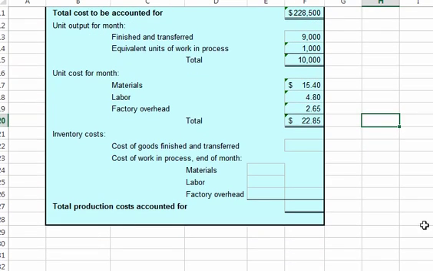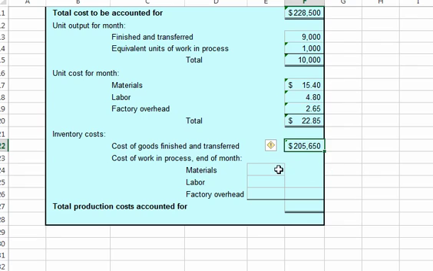Okay, cost of goods finished and transferred. Well, the goods finished and transferred were 9,000 times our cost each, $22.85, which gets us $205,650. Cost of work in process at the end of the month.